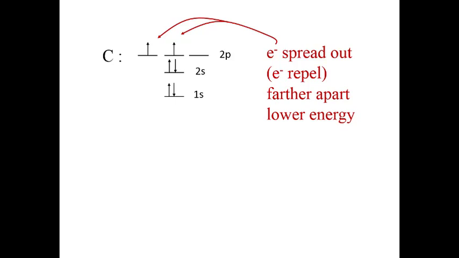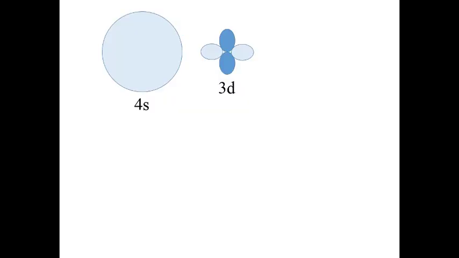Why the same spin, you may ask? That has to do with something called exchange energy, which is mostly statistical in nature. We won't go into detail here, but you may see that later in your chemistry career. But how does this apply to 4s versus 3d in scandium? The issue is the size of the 4s orbital versus the 3d orbitals. 4s is much larger.